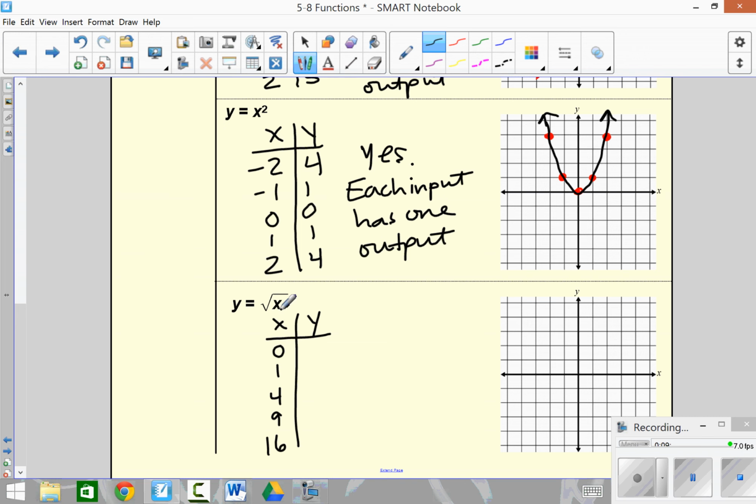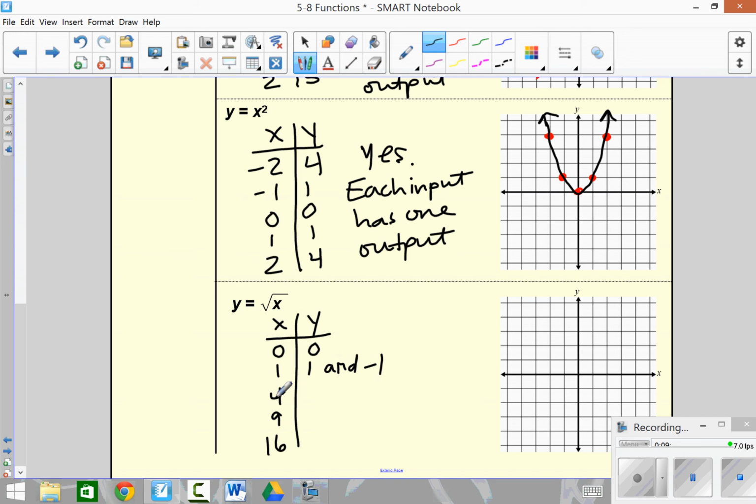If I input a 0 into my x, the square root of 0 is 0, so we're good. If I input a 1, the square root of 1 is 1. But remember when we talked about square roots, every square root has both a positive square root and a negative square root. So if I also put a 1 into this x here, the square root of 1 also equals -1.